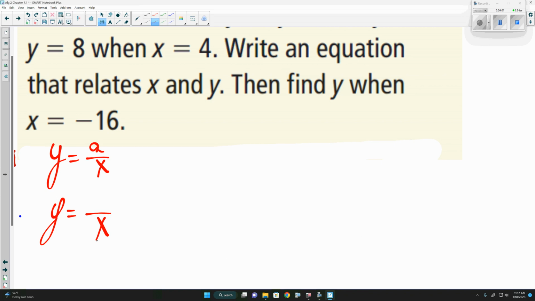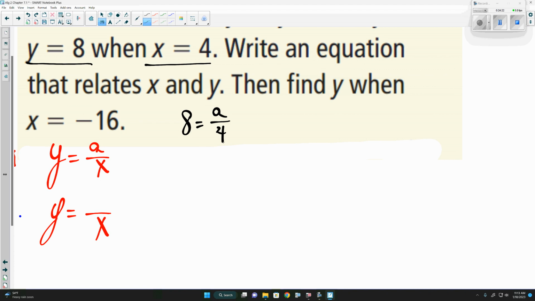Y is equal to a over x. Now they told us y is 8 when x is 4. So what we can say is 8 is equal to a over 4. Y is equal to a divided by x. We plug in x and y.